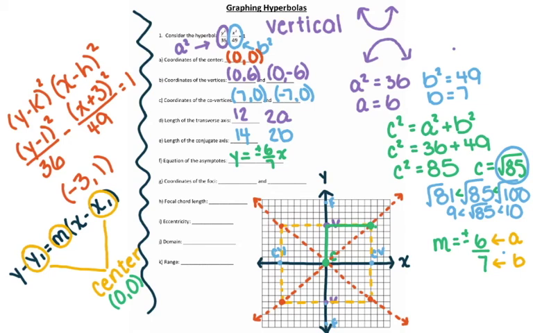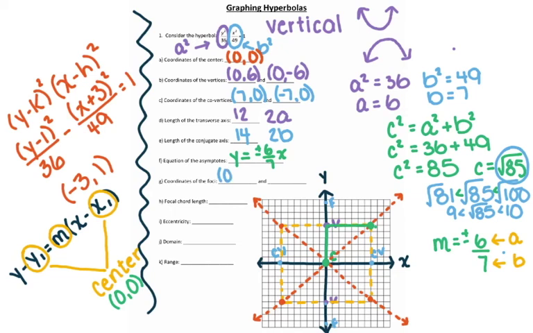Okay, so as far as the coordinates go, it's going to be, in this case, 0, and then it's going to be 0 plus rad 85, 0 minus rad 85. So we're manipulating the y coordinate because this is a vertical hyperbola. So for these purposes, it's easy.